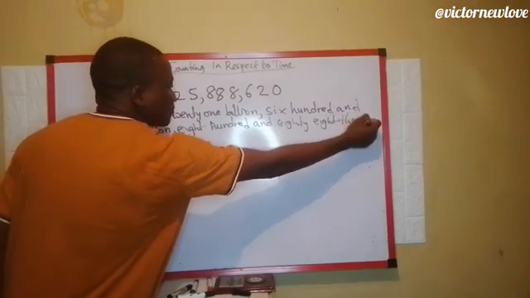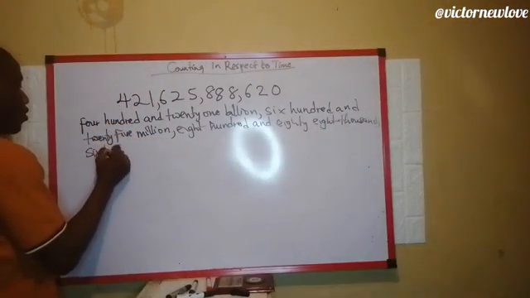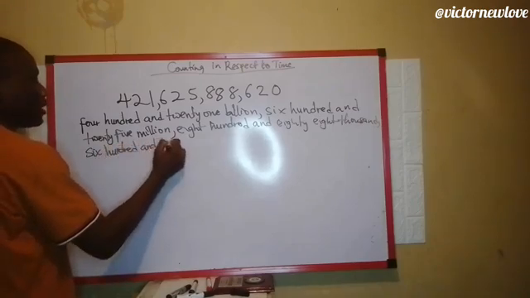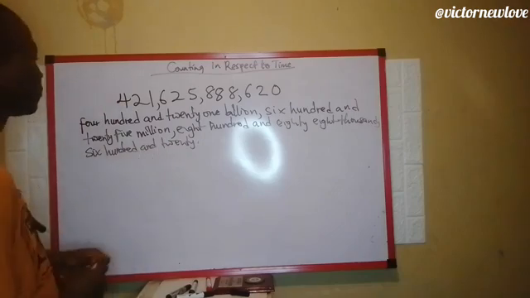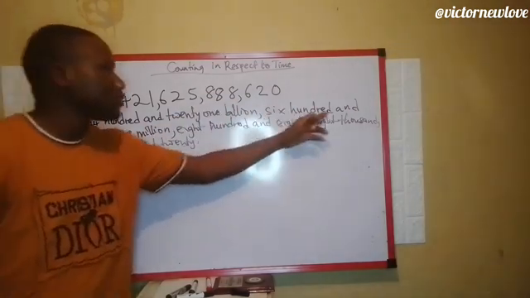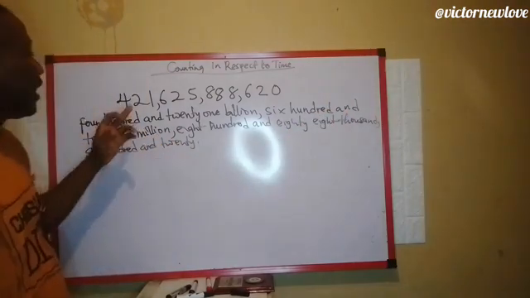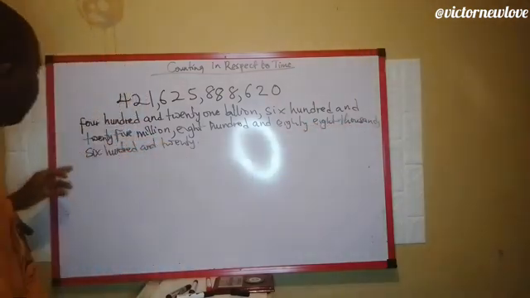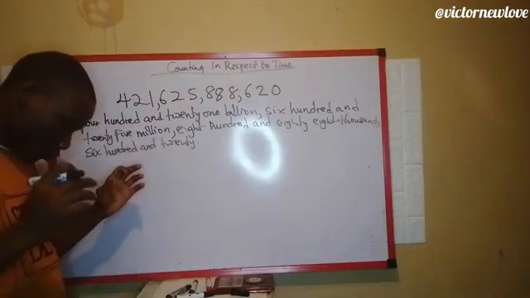So you take note: 421 billion, 625 million, 888,620. That is how you call numbers.